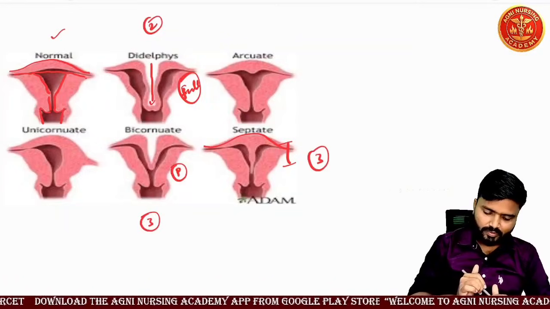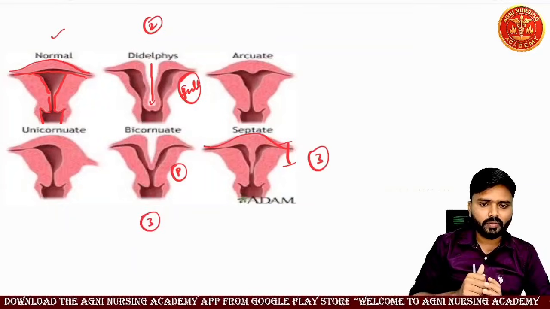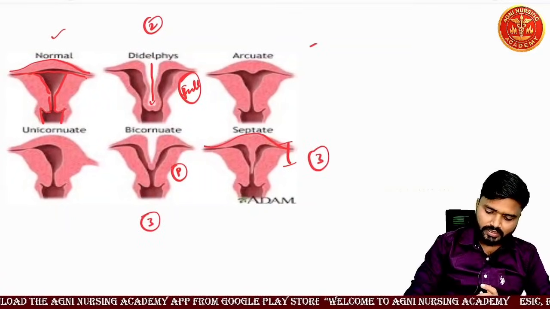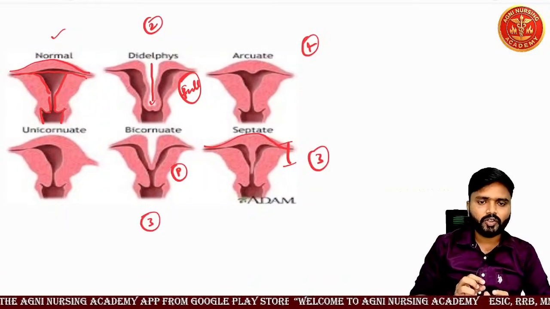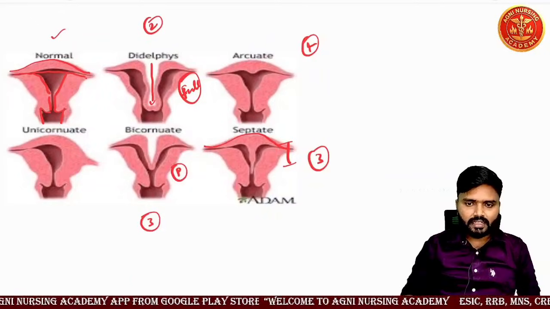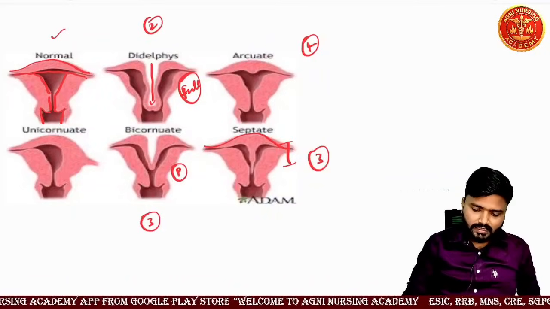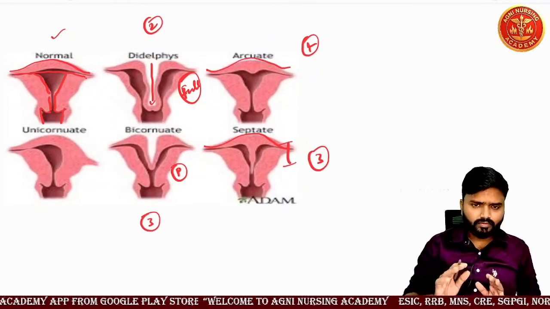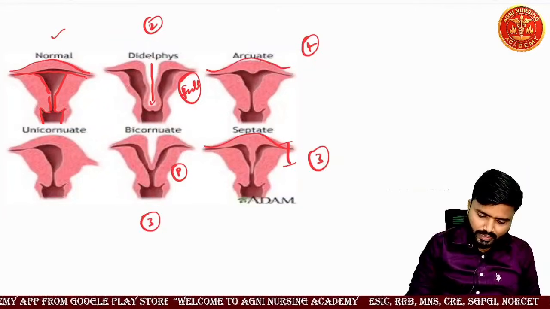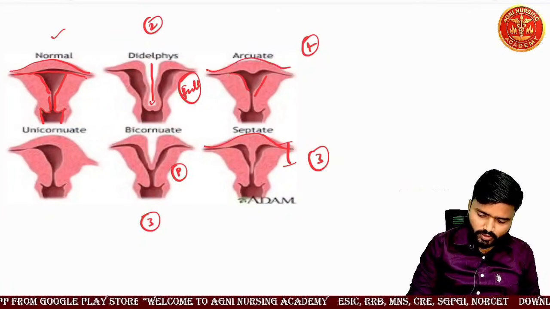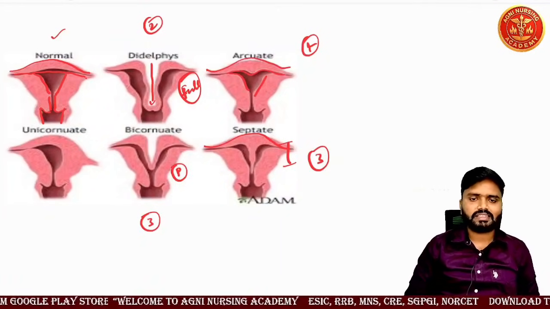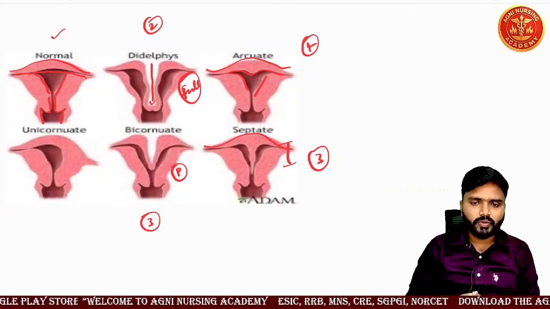This is the major similarity between didelphus, bicornuate and septate uterus. Again you are seeing image 4, the arcuate uterus. Here the fundus of the uterus is normal, but at the body of the uterus we see somewhat of a depression. So that is the arcuate uterus.